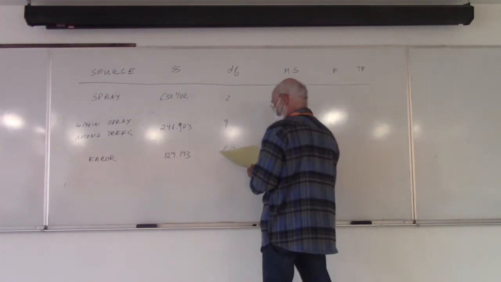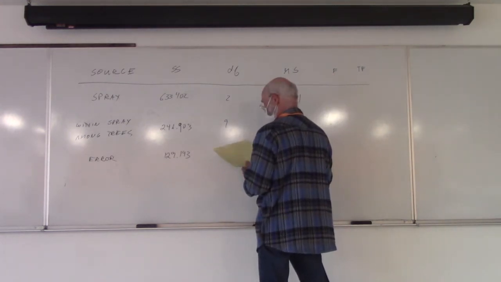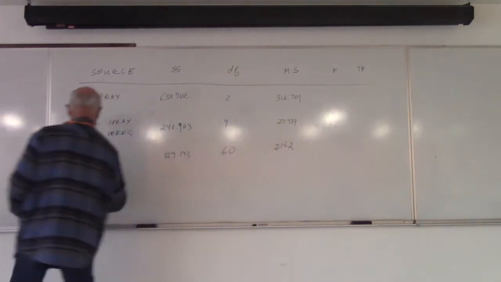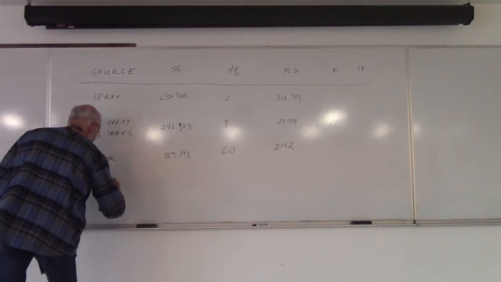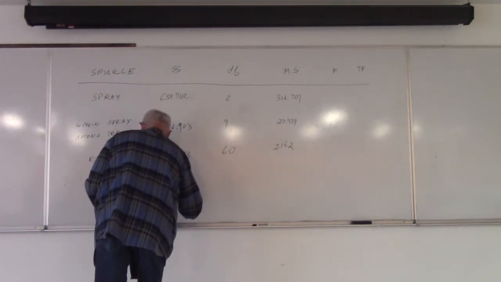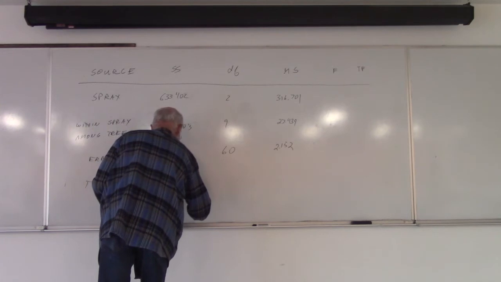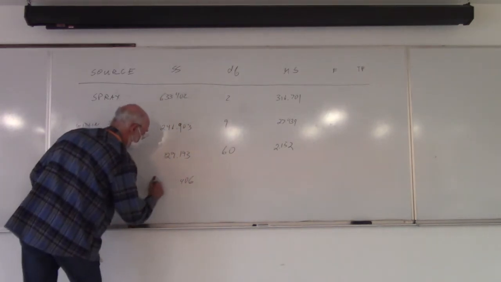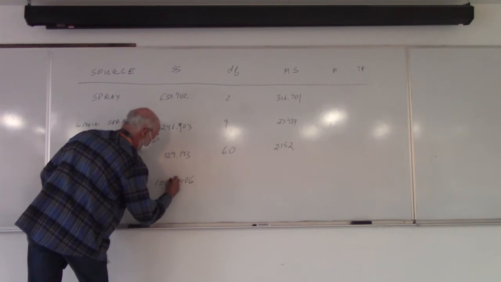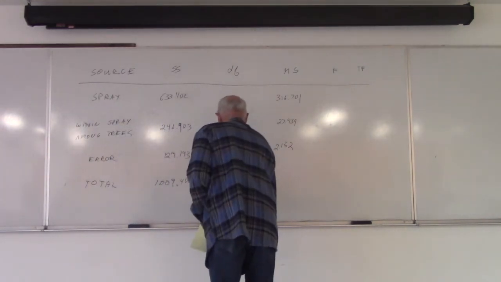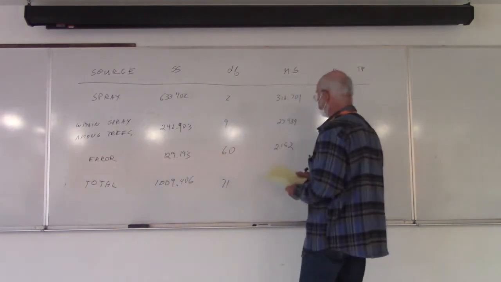And here my mean square is 2.152, and then my total is 1009.406. I have 71 total degrees of freedom.